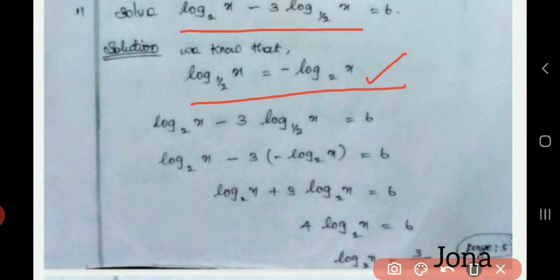So log x base half equal to minus log x base 2. I want to substitute this in the left hand side of the given problem. So log x base 2 as it is, minus 3 into minus log x base 2 equal to 6.